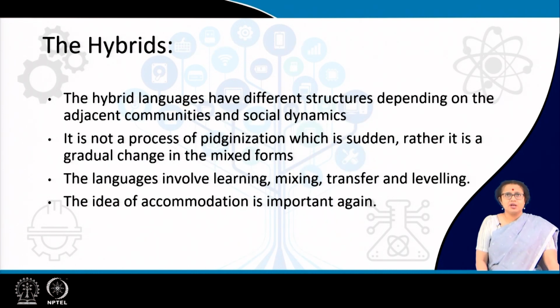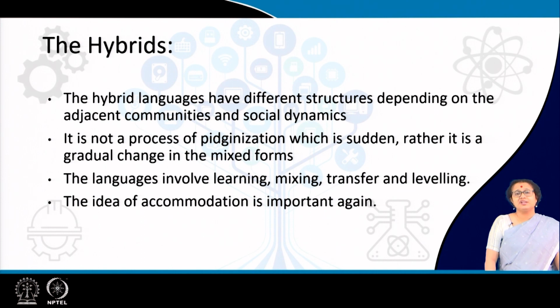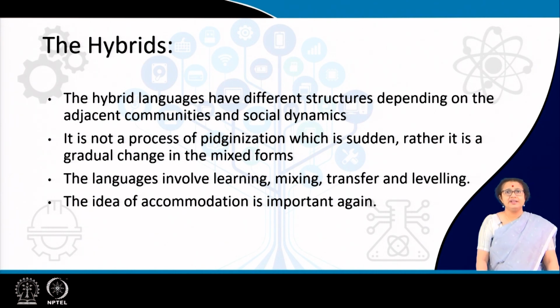So, let us talk about a few more things about the hybrids. We can say that the hybrid languages have different structures depending on the adjacent communities and social dynamics.